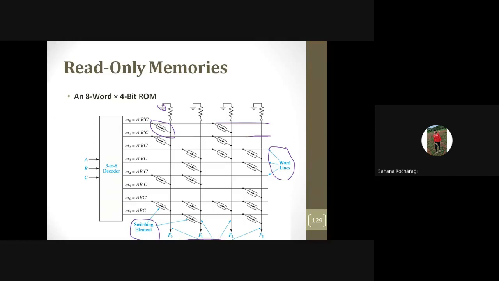One. It transfers the signal. Any other answer from anybody else? F0 will be A bar, B bar, C bar. Okay. That means whatever the value of that minterm is, if it is 0, you will get 0, and if it is 1, you will get 1.